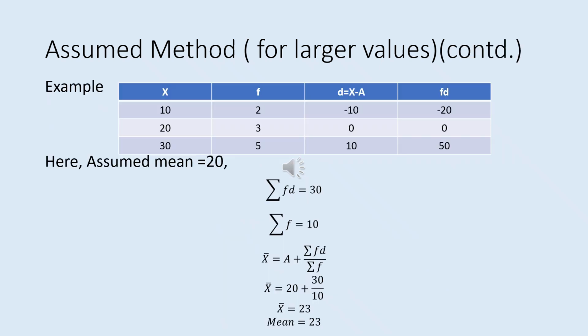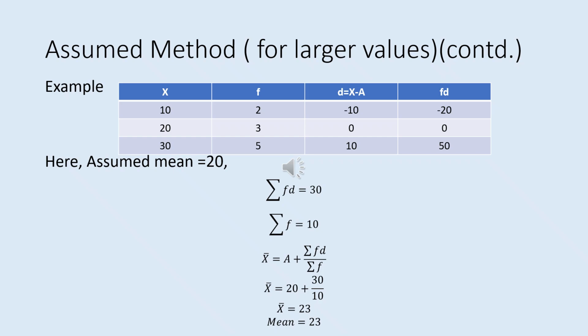Now we will try to understand the calculation of arithmetic mean by the assumed method for larger values through an example. Here we take the value x as 10, 20 and 30. The frequencies are 2, 3 and 5, and the deviation is calculated by x minus a.